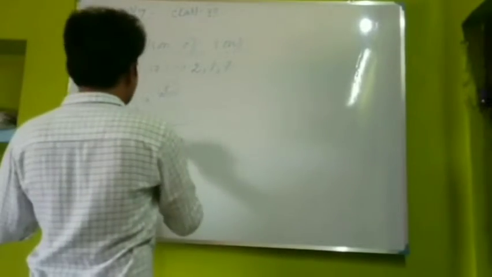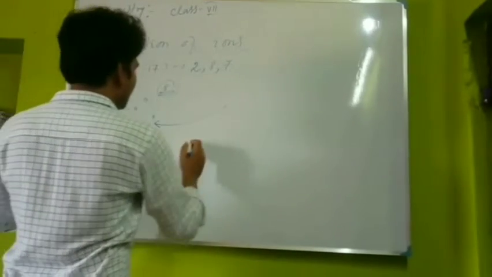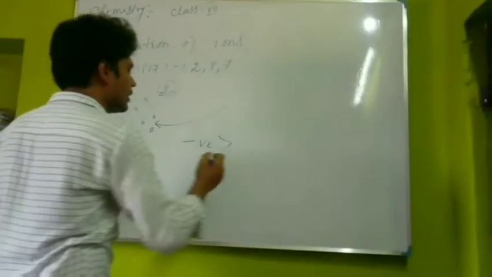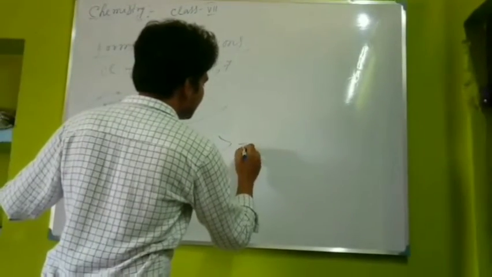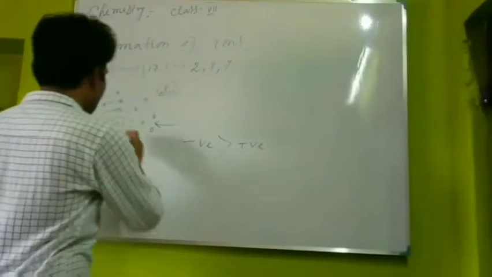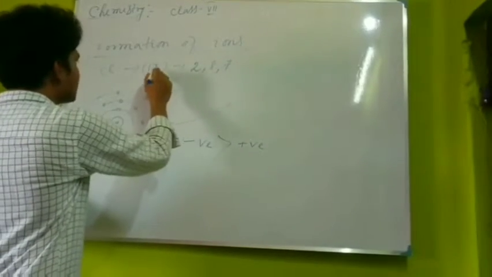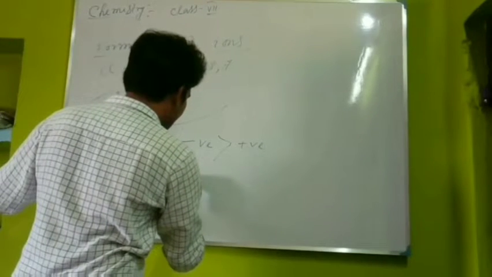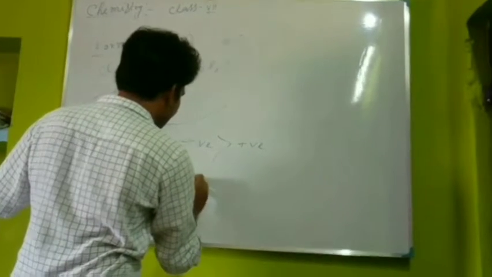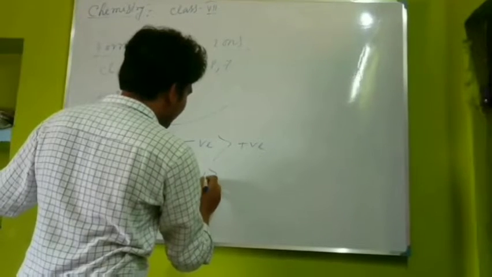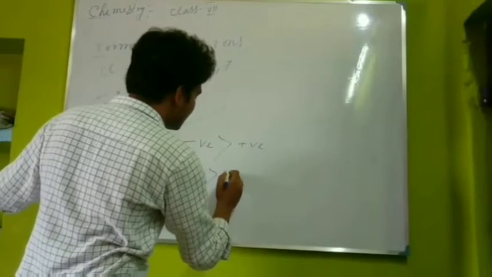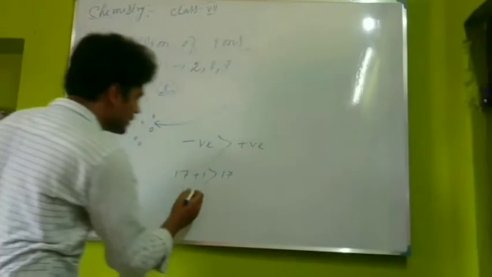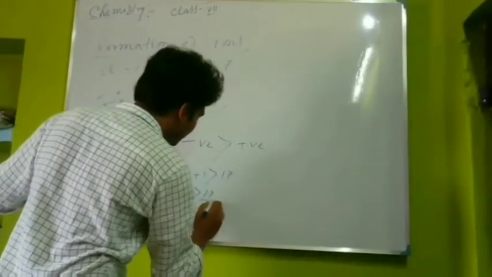Okay, so when it takes one electron, then the negative charge will be greater than the positive charge. Because there are 17 protons, and when it takes one electron more, it becomes 18 electrons, which is greater than the 17 protons.